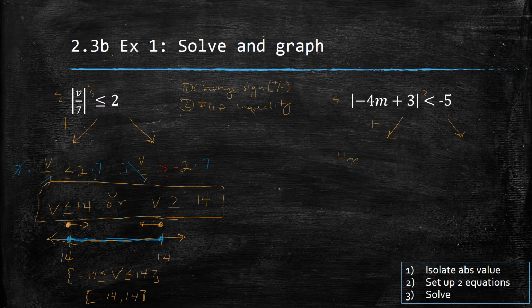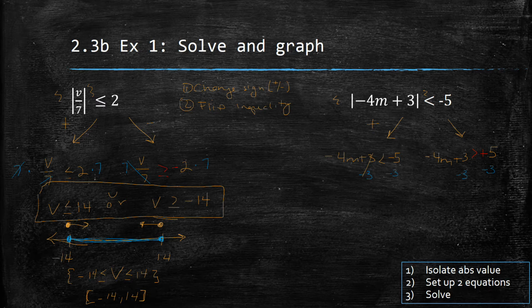So negative 4m plus 3 is less than negative 5. And then on the right, remember, two things happen. You change your inequality sign and change the sign of the number on the right. So we have negative 4m plus 3 is now greater than positive 5. Okay, when we go about solving, minus 3 on each side.